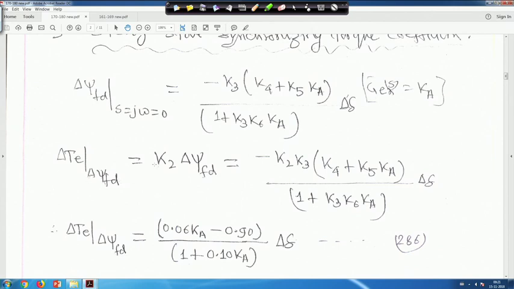We are considering only that component due to delta psi fd. So delta Te due to delta psi fd is equal to K2 into delta psi fd. Multiplying by K2, this delta psi fd for omega equal to 0, it will be minus K2 K3 in bracket K4 plus K5 Ka divided by 1 plus K3 K6 Ka, into delta delta, right.